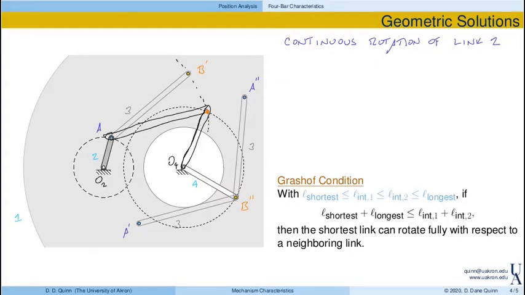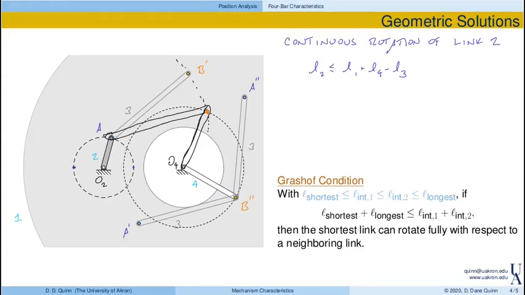Right? So what does that imply? Well, if I look at this right edge of where link 2 could be, that means L2 has to be less than or equal to L1 plus L4 minus L3. That would be looking at this extreme point of link 2.